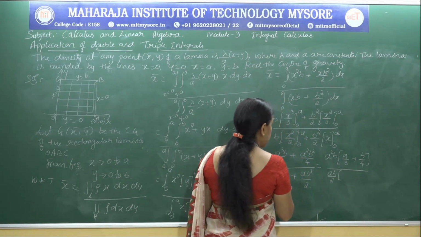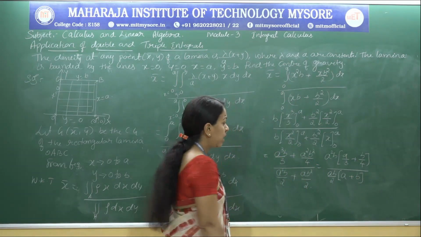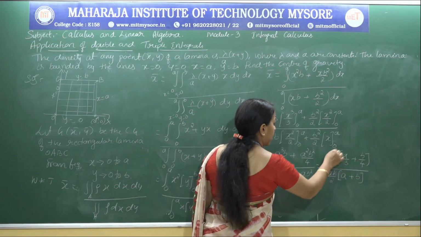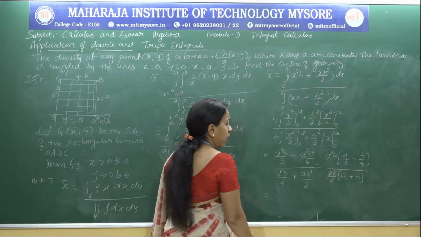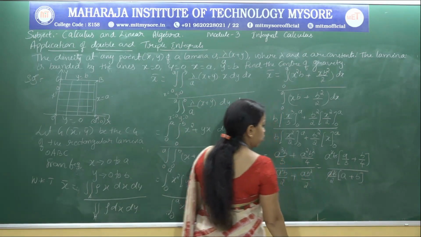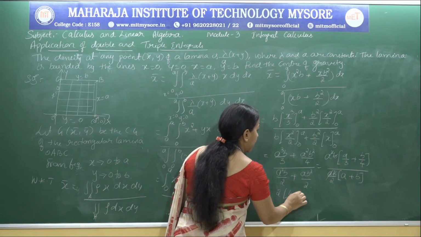So that we remain here with a plus b. Now, simplify that. I can cancel b and I can cancel a one time, and that 2 goes to the numerator. If I take the LCM between these two, we have 2 into 4a.